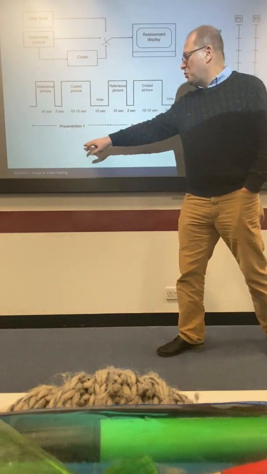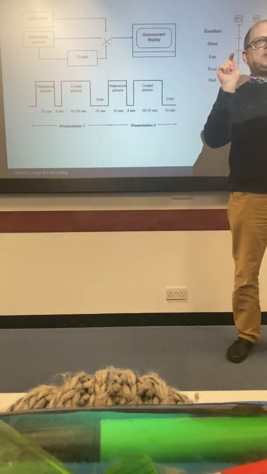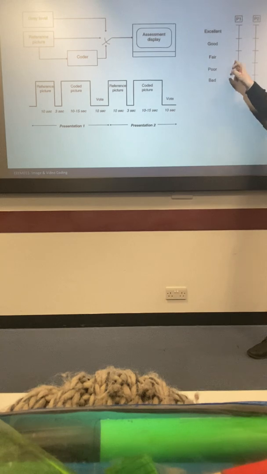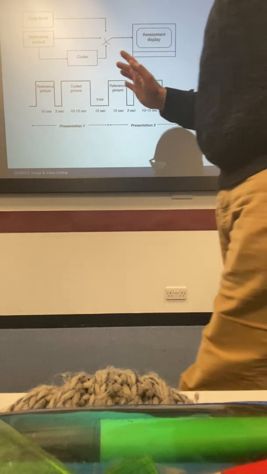It's picture number 1, picture number 2, picture number 3, and people are just pressing excellent, good, fair, poor, bad, and then you average over a large number of people, and that's the result.